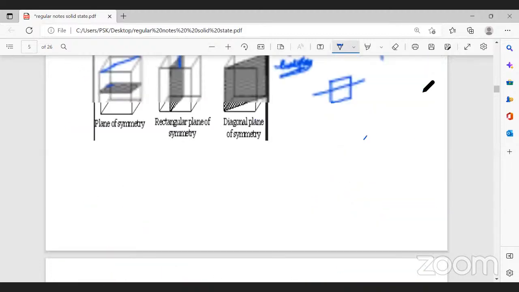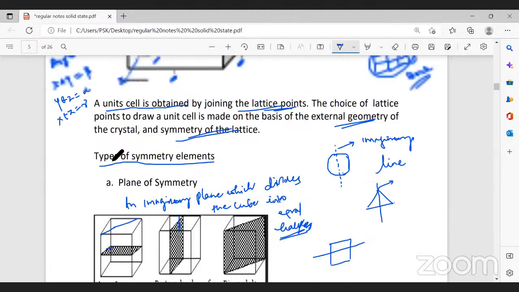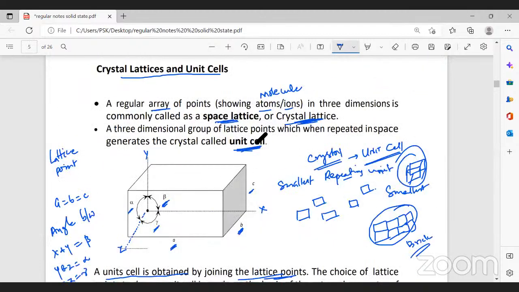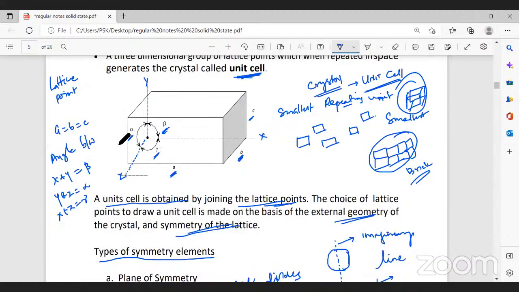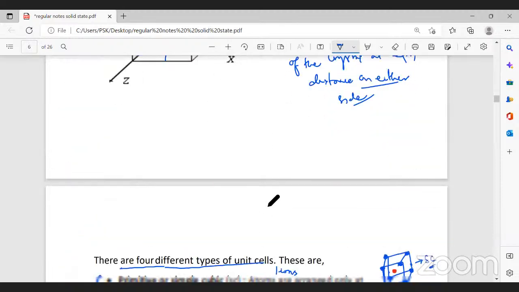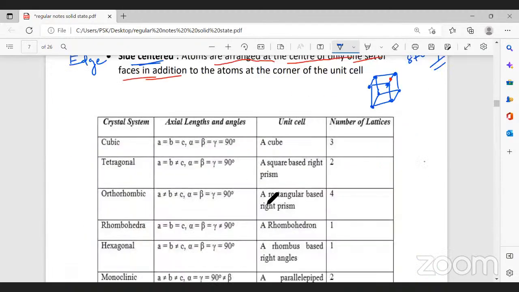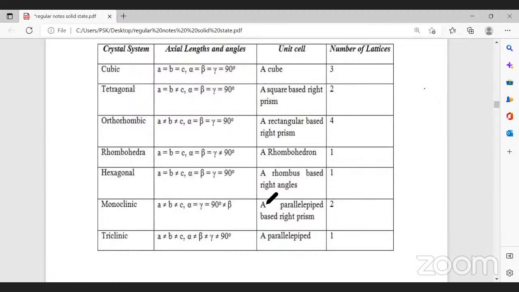I clearly said A is the length, B is the width, and C is the height. And I clearly told you what alpha, beta, gamma are. You should remember that. The angle between X and Z is beta, the angle between Y and Z is alpha, and the angle between X and Y is gamma. Based on this you should memorize and remember.